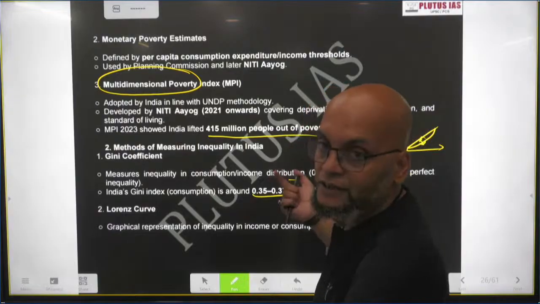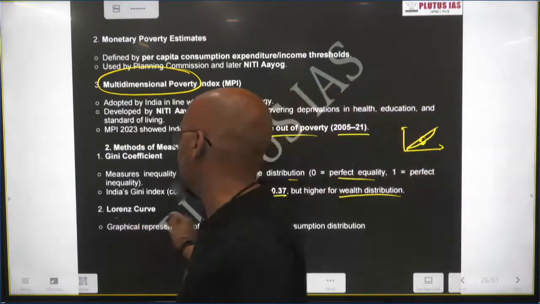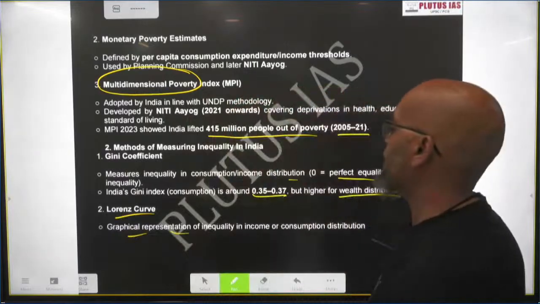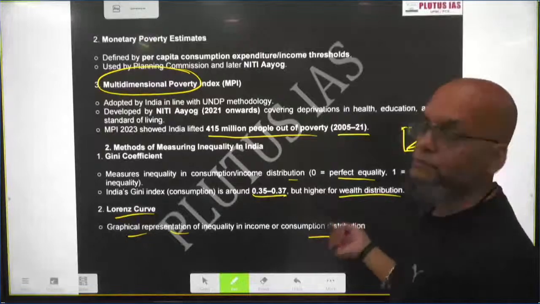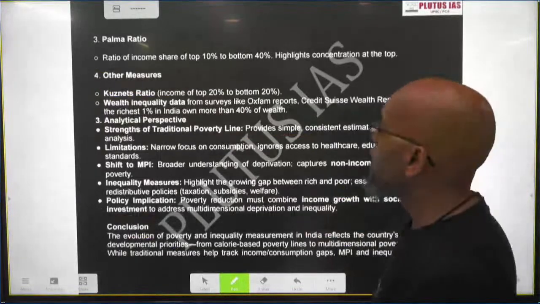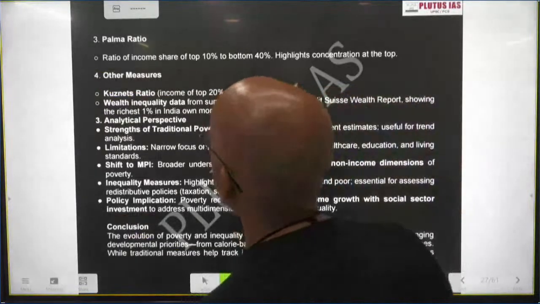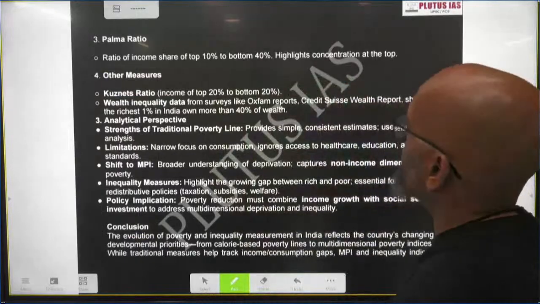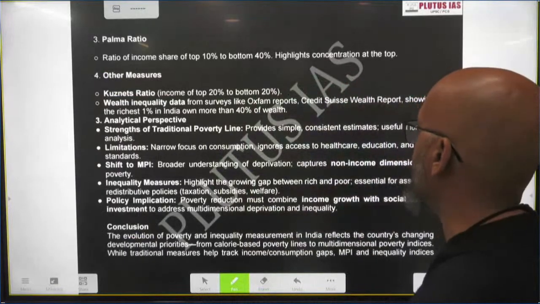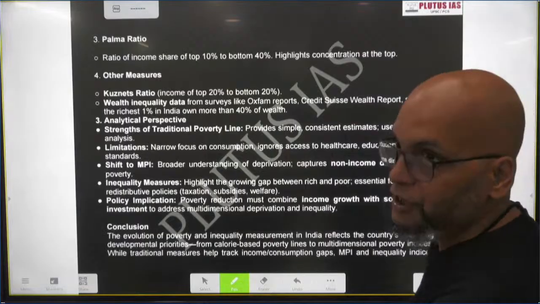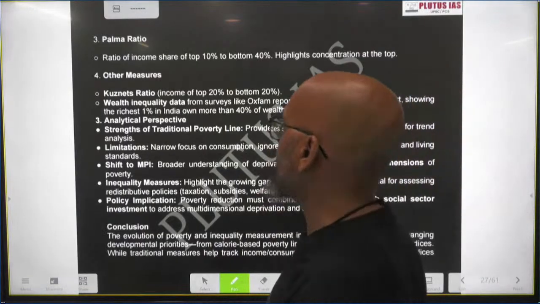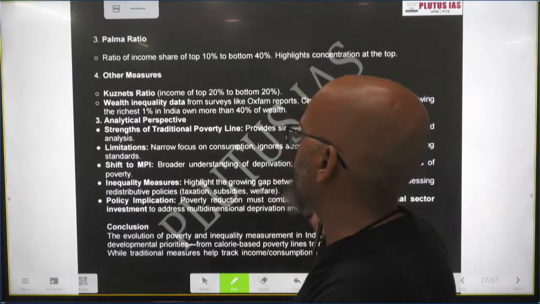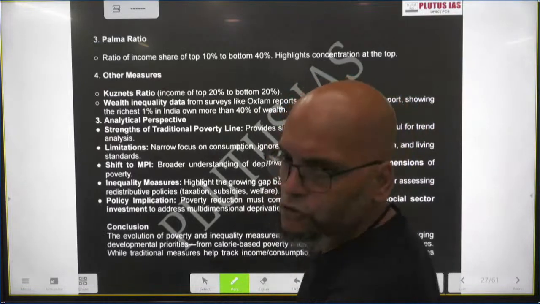The Lorenz curve, as I told you, is the graphical representation of inequality in income or consumption distribution. Then the Palma ratio, the share of the top 10% to the bottom 40%. It highlights concentration at the top, how much wealth is concentrated at the top. Other measures like the Kuznets ratio and wealth inequality data can also be used.